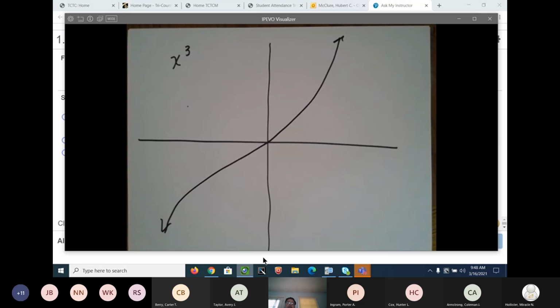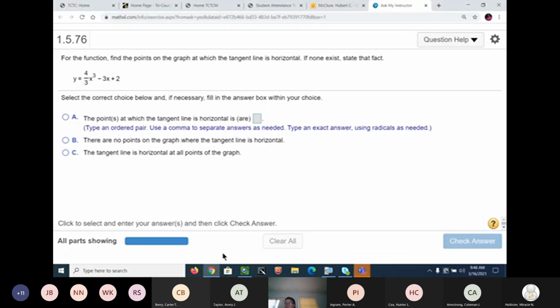So let's look at it again. Our function f of x is equal to 4/3 x cubed minus 3x plus 2. This is greater than 1, so we know it's being compressed along the x-axis and stretched along the y-axis.